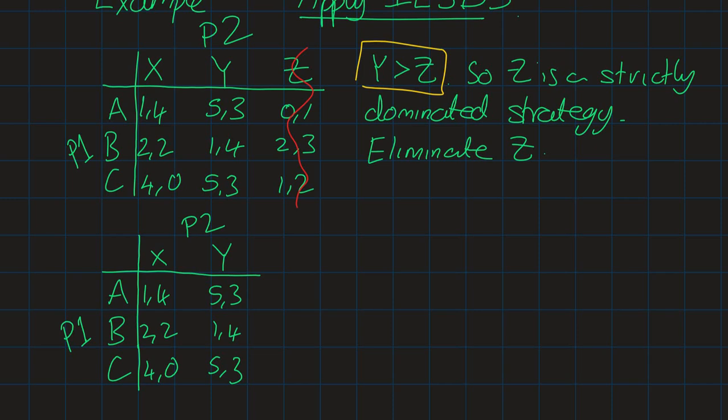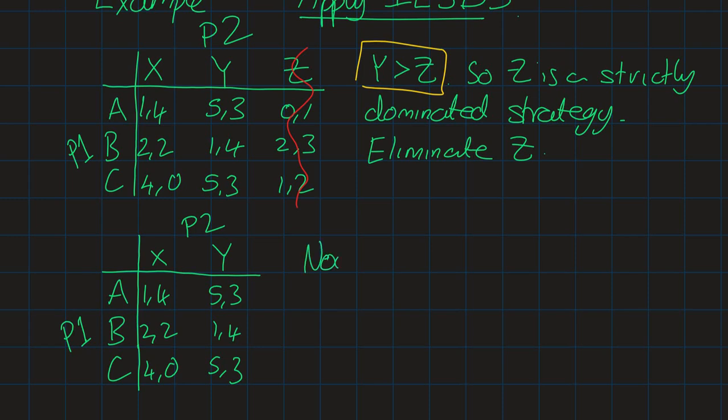And now I'm going to look for a new strictly dominated strategy. So maybe I'll compare A and B. 1 is less than 2, but 5 is bigger than 1, so not good. They're not a good pair. Maybe I'll compare B and C. So 2 is less than 4, and 1 is less than 5. That's better.